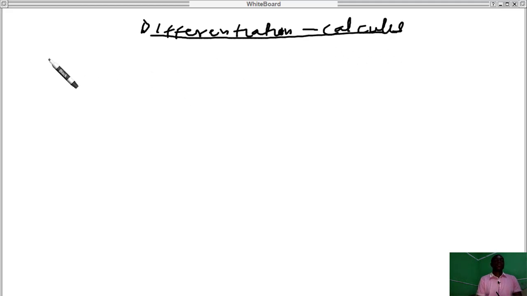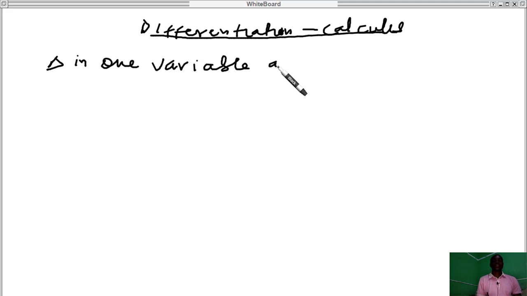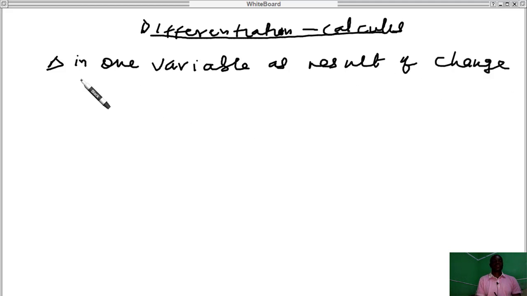So the whole thing about calculus is to explain the change in one variable as a result of change in another variable.